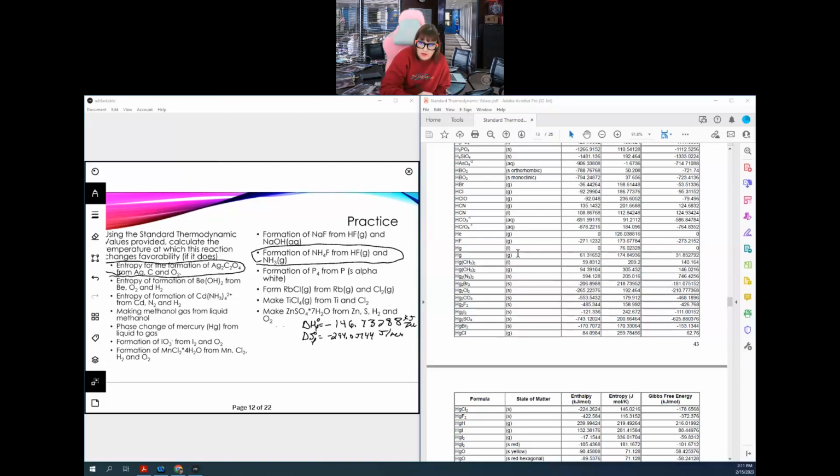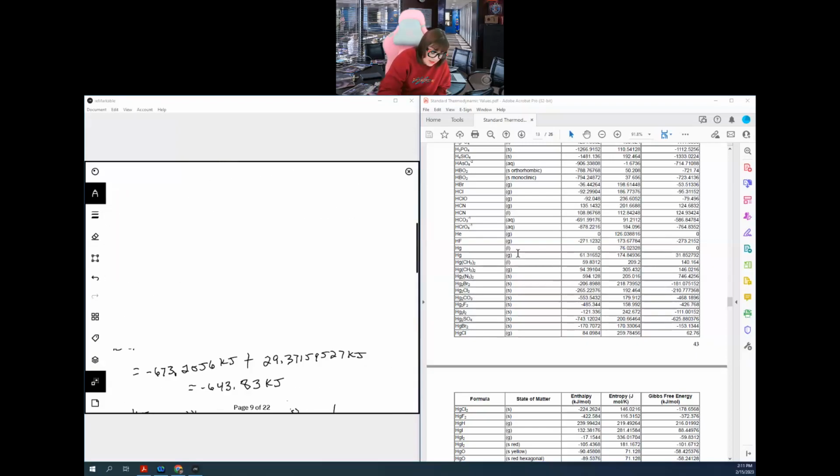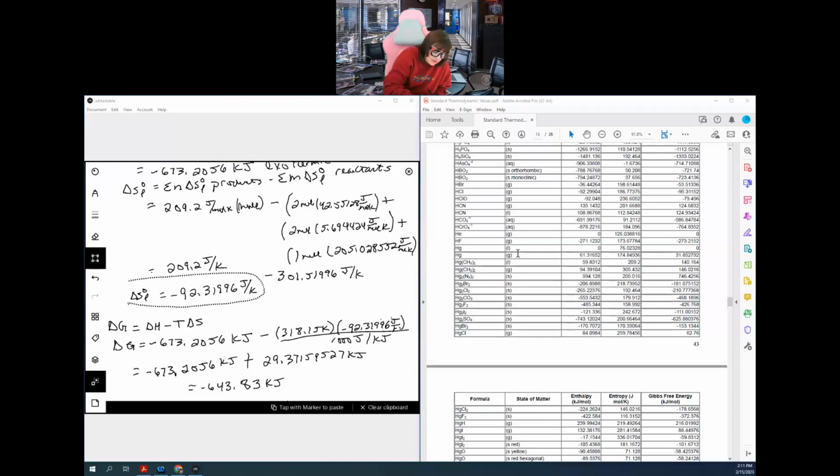Now, when we talk about the other one that we did previously, go back and get some values for that. And those were up here. So my delta S for this first reaction was this.